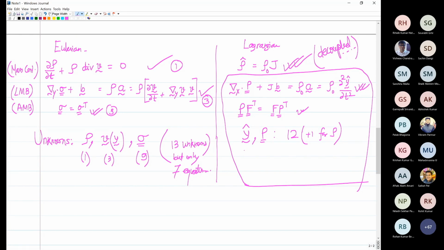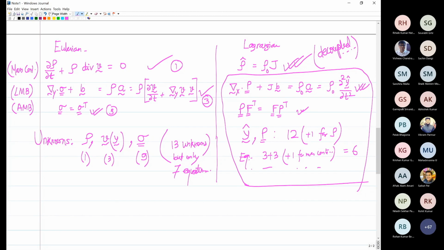So these are unknowns, but equations 3 plus 3, right? And in the bracket, I'll write plus 1 for mass continuity, but again, I said it's not required here. So you have 6. So again, 12 unknowns, but 6 equations. So you still need 6 more, right? So this is not done. We need to have some more relationship. Then only we can solve this.